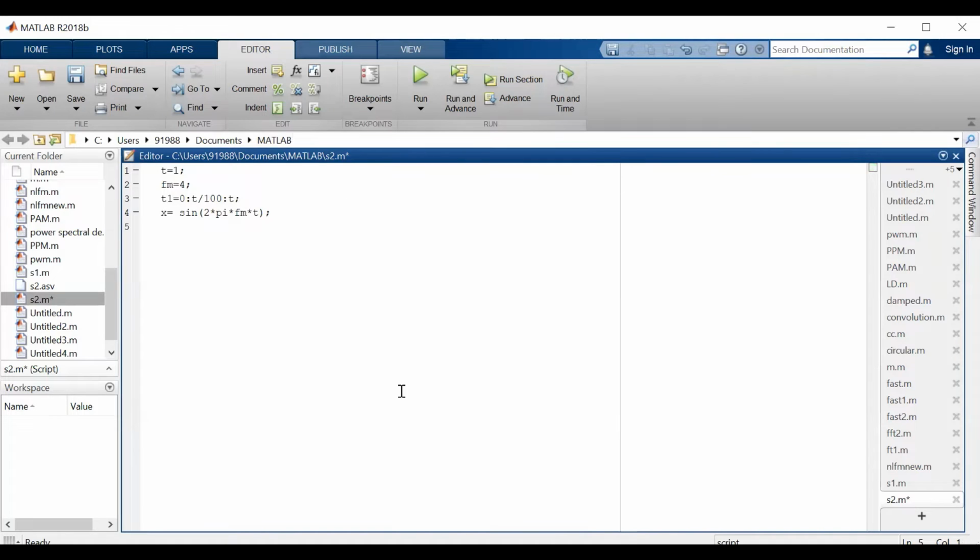Now we'll check the sampling theorem. The first case, we'll consider the Nyquist rate because, as I told you, it is the minimum sampling rate that is allowed. So f of s is equal to 2 into f of m.